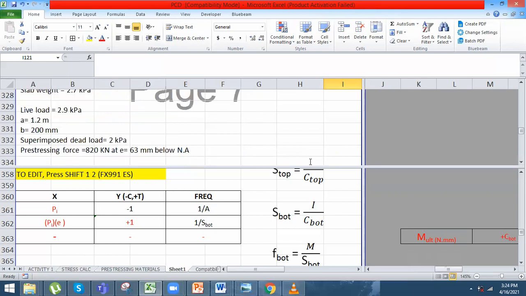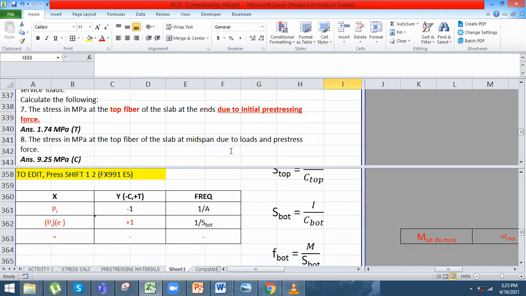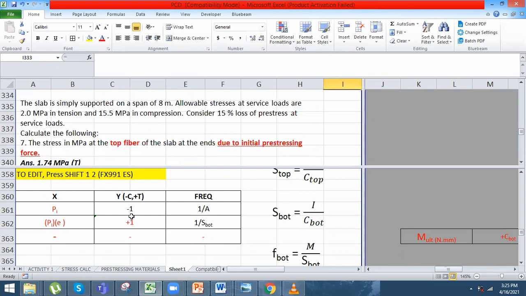Sabi niya, eccentricity is below the neutral axis. Therefore, pag taas ina-analyze natin, it would create a positive. Then pag baba naman, it would be a negative. So number 7, top fiber. So that is plus. Then our input now will be 1 over by the S bottom.